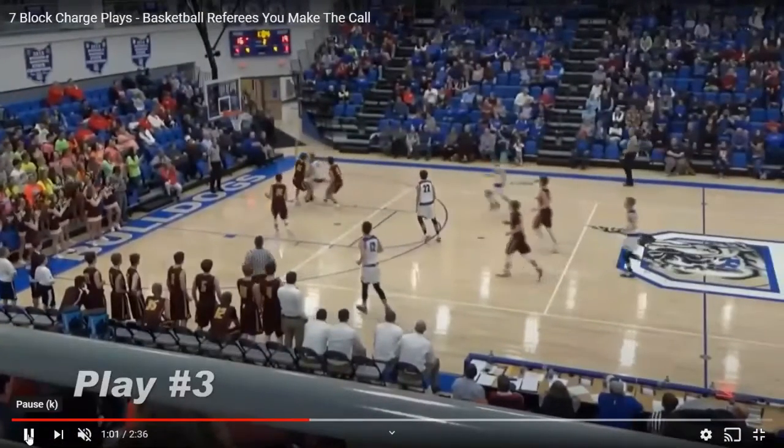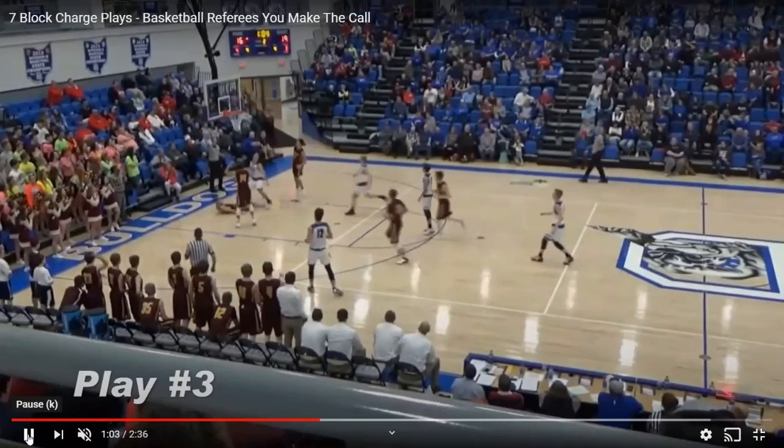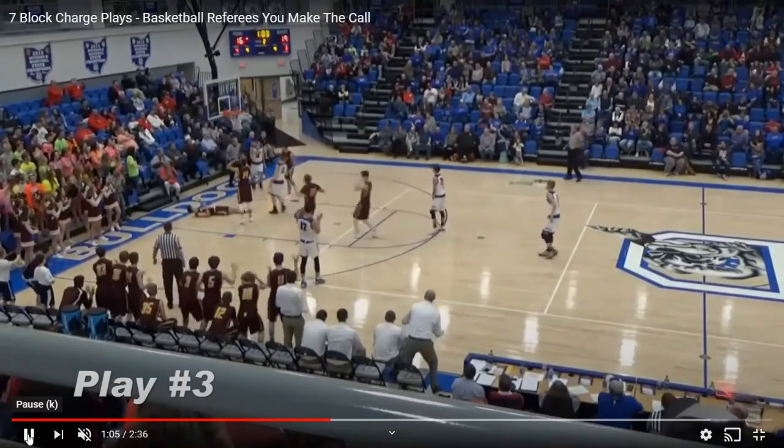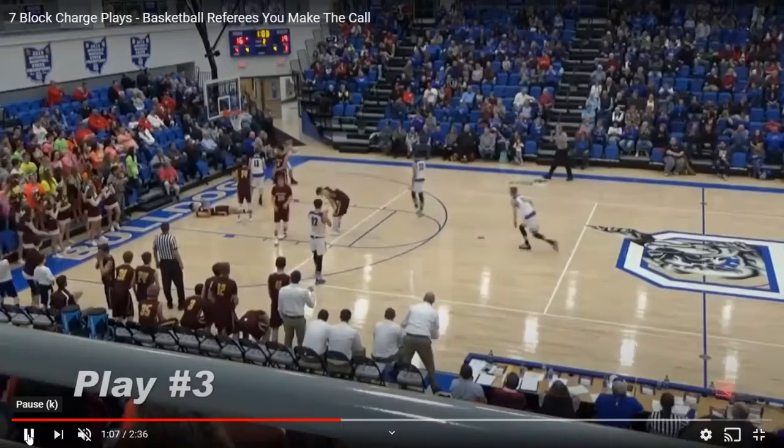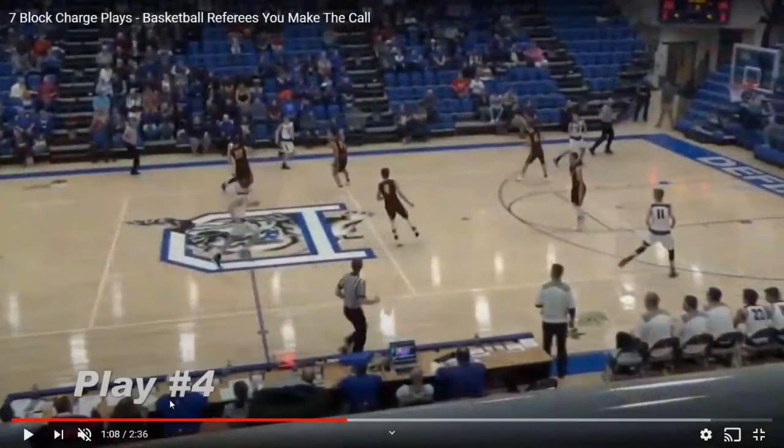Yeah, Brian. If you see the trail here, he actually communicates non-verbally by counting the bucket here. But you're right, absolutely. The trail official needs to communicate to the lead before he's going to the table that, hey, that ball went through the basket, and let the lead determine if I was calling that a shooting foul or not, which he correctly did.